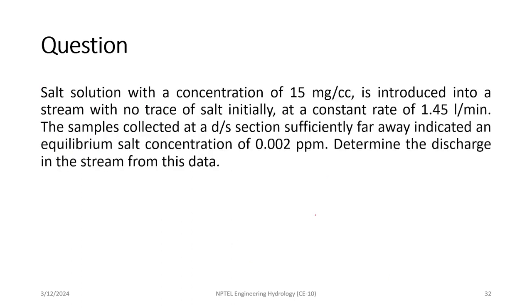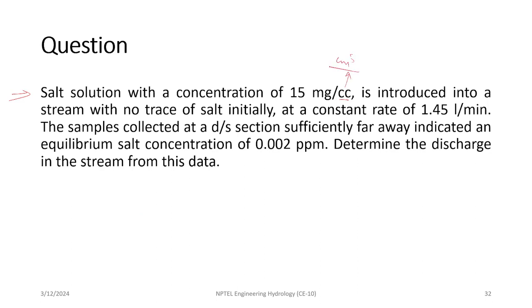Now we are here in the numerical question. So you can see a problem here. There is a salt solution of concentration 15 milligram per cc. Cc in the sense means what?